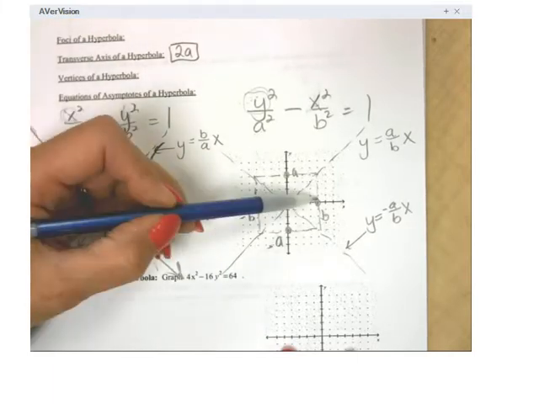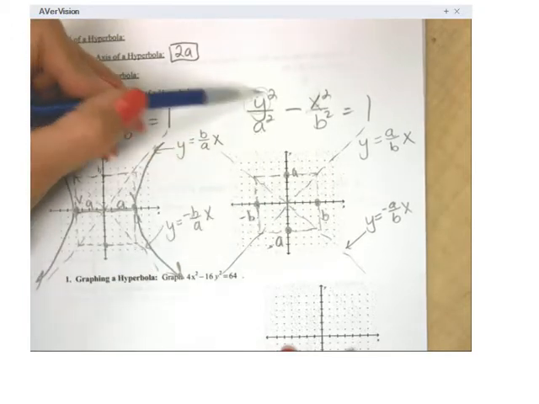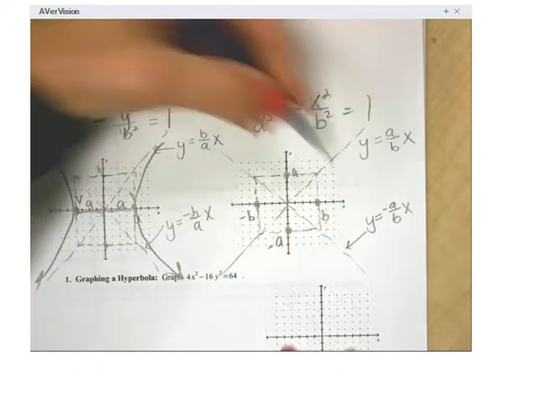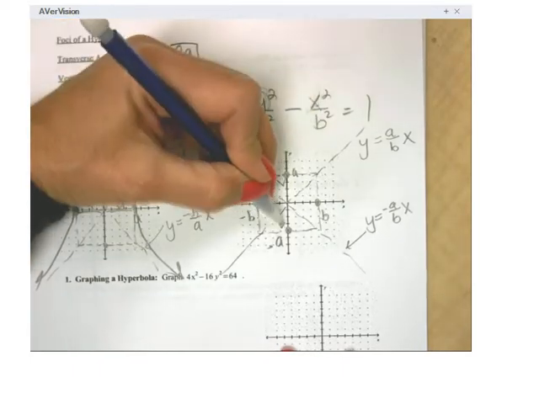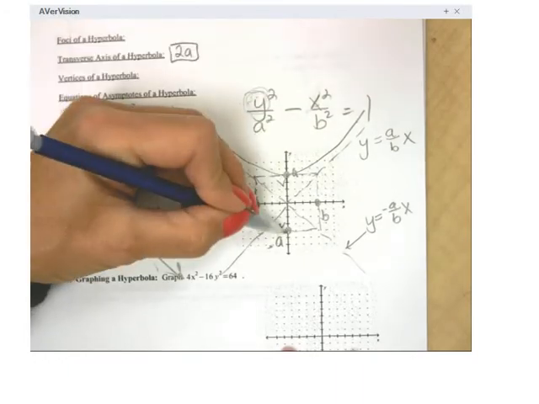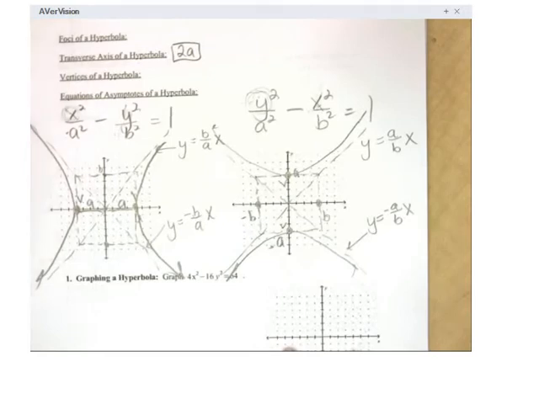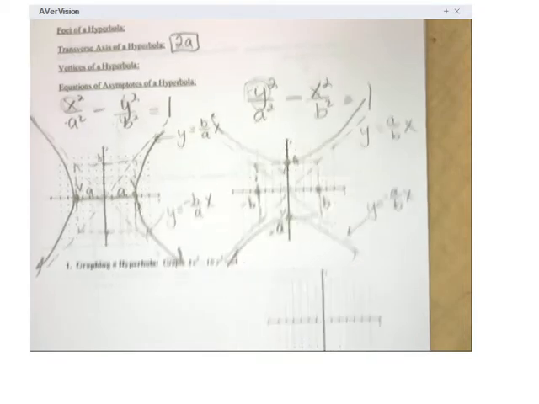Got to be careful you don't make the mistake of drawing it the wrong way. This is not on the hyperbola. This just helped me find the box. This is not on the hyperbola. It just helped me find the box. In the y direction, so up and down, these are my vertices right here. And we'll just eyeball in and try to stay inside those asymptotes, and I have my hyperbola.